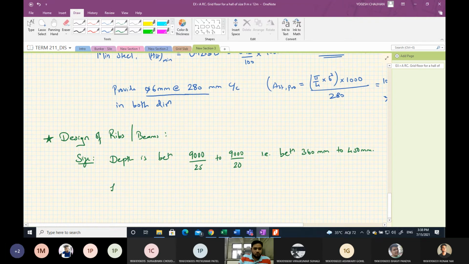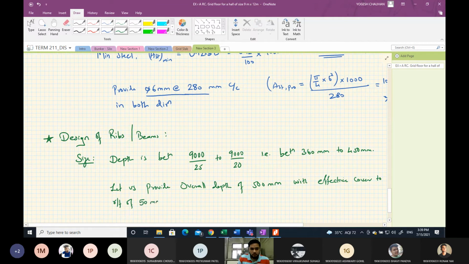So let us provide an overall depth of 500 mm with effective cover to reinforcement of 50 mm.